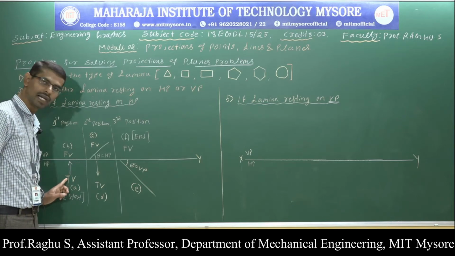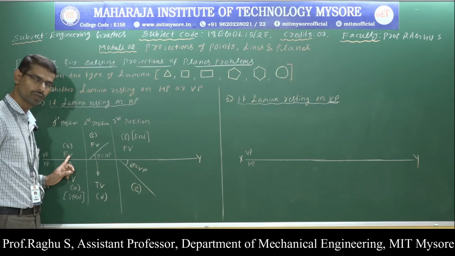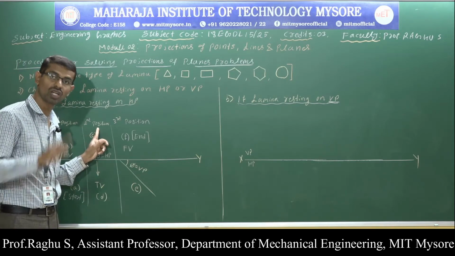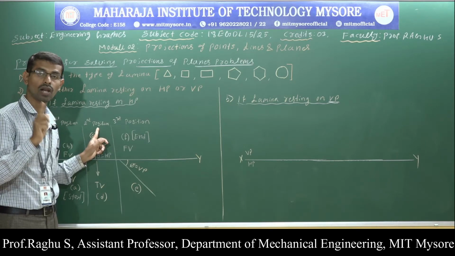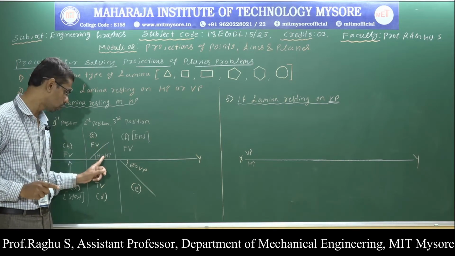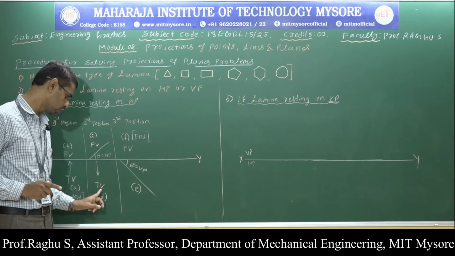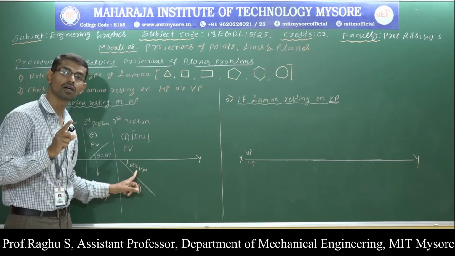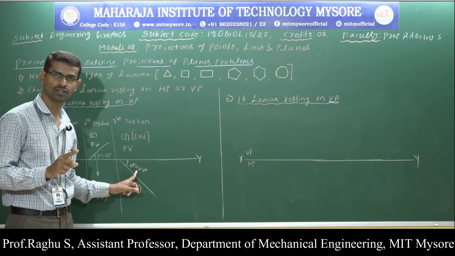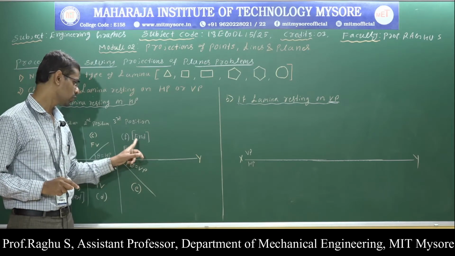Using that data, first draw the true shape, that is the top view. Then draw the front view. Next, to draw the second position, I need the lamina inclination with respect to HP. Note down that lamina inclination, draw the front view, then draw the projection to get the top view. Then to draw the third position, I need the edge inclination or side inclination with respect to VP. Then draw the projections to get the front view.